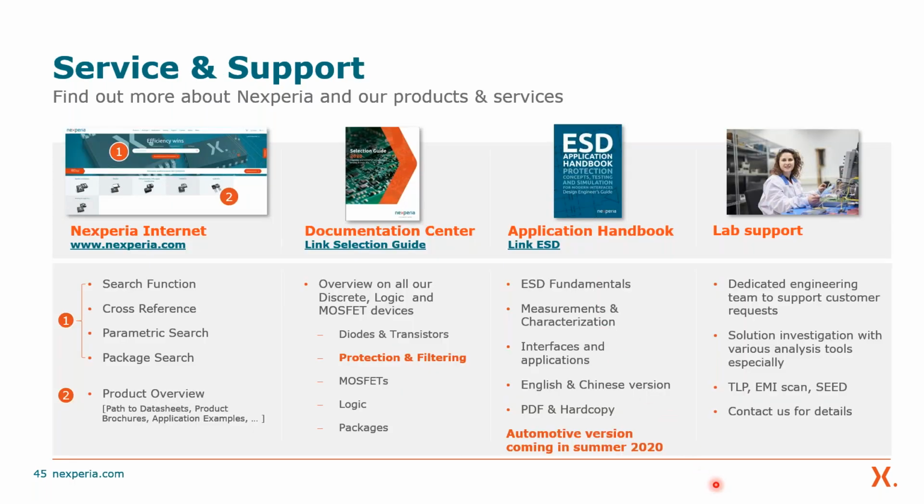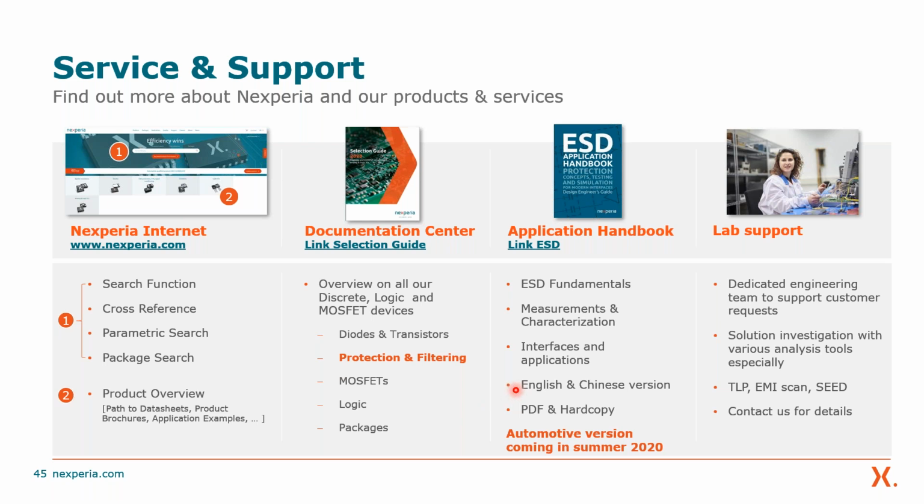To sum up, we not only have the lab. You can find a lot more details, especially on the product portfolio on our Nexperia webpage. There we have a cross-reference and parametric search function, and also a very good product overview of what we offer. You have data sheets and different application examples. If you like a book overview, we also have our selection guide available as PDF.